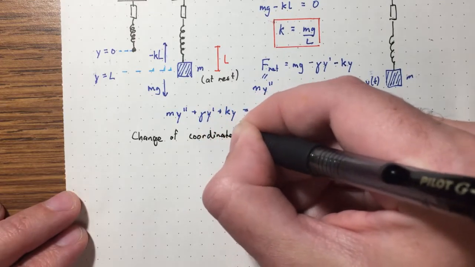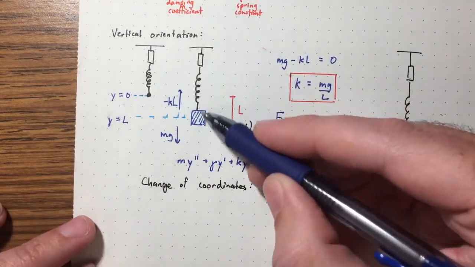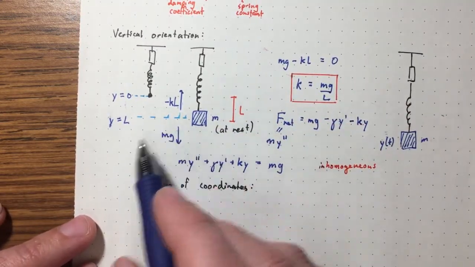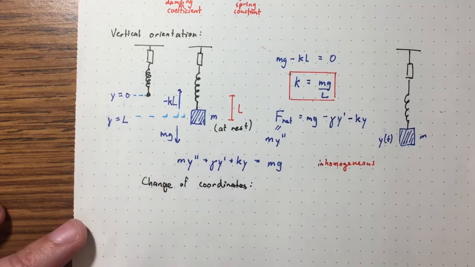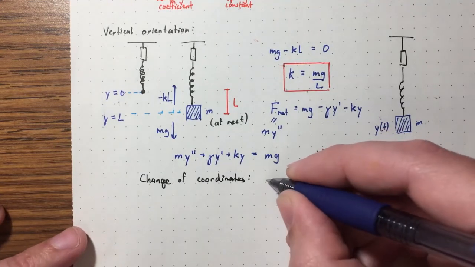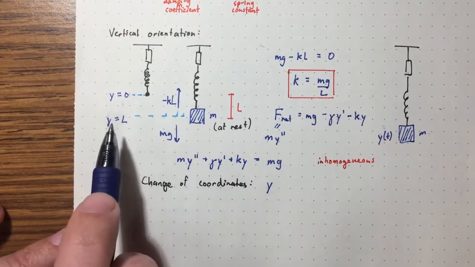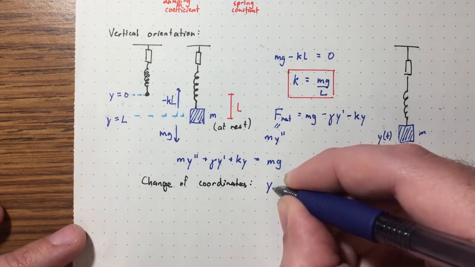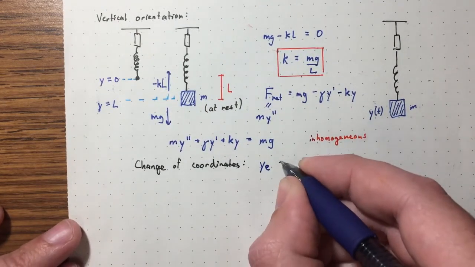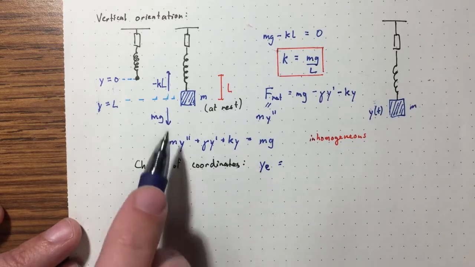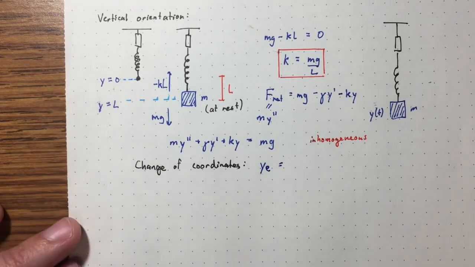And it's a very natural change of coordinates, so it's nothing crazy. The main idea is, once the mass pulls a spring down to this position L, why don't we just call this 0, right? So I'll have a new y that, okay, maybe I'll call it ye for equilibrium, okay? So I want this ye to be 0 right here, where the old y is L, right?